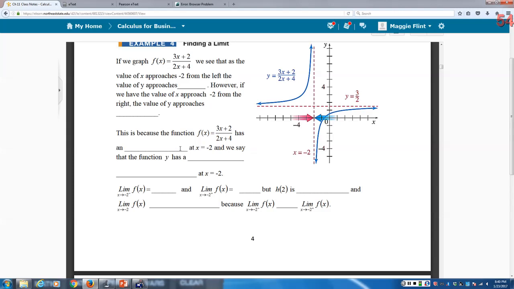It has an asymptote at x equals negative 2, and the function y has an asymptote at 3/2. It doesn't matter what y's asymptote is particularly, it's just that it does have an asymptote.